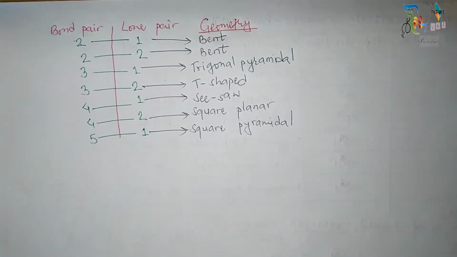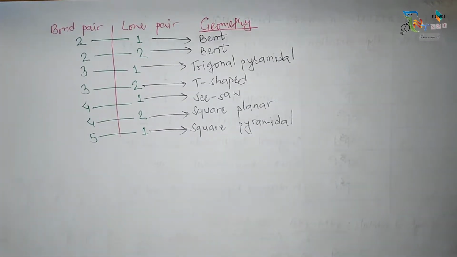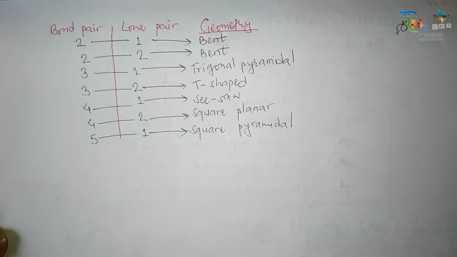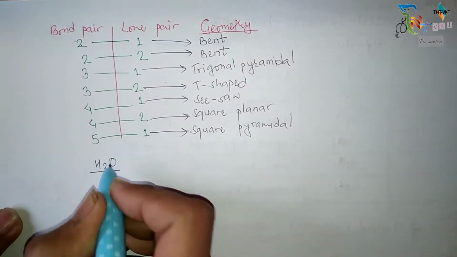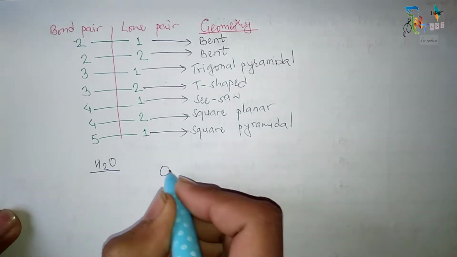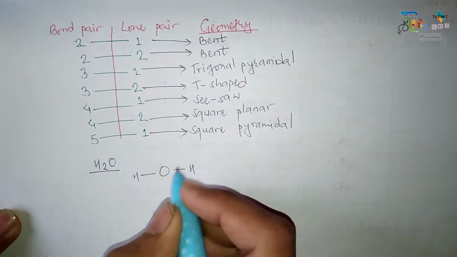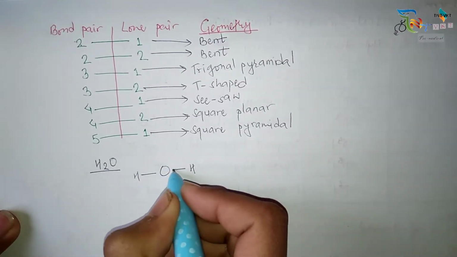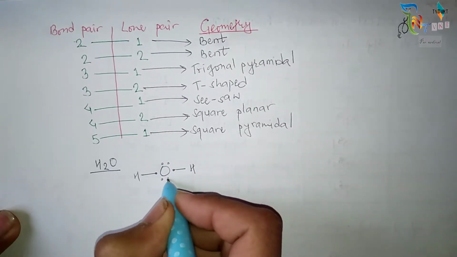So the main thing is how to find the number of bond pairs and lone pairs. Let's discuss the compound H2O. If you see oxygen, here is one sharing and here also one sharing, but the valence electrons are 6: 1 2 3 4 5 6.